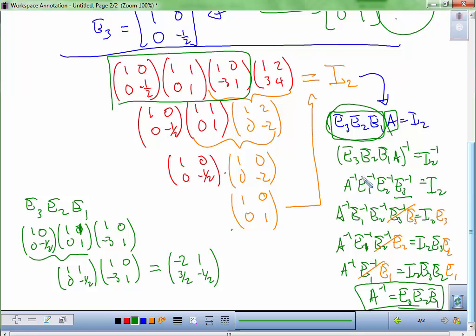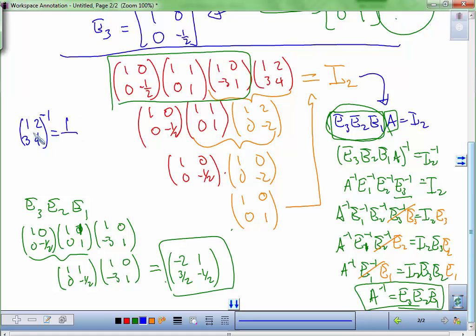All right, so this is our actual inverse, and since we know the inverses of 2 by 2 matrices by heart already, right? It's 1 over the determinant times switch the diagonals and negative the wings.